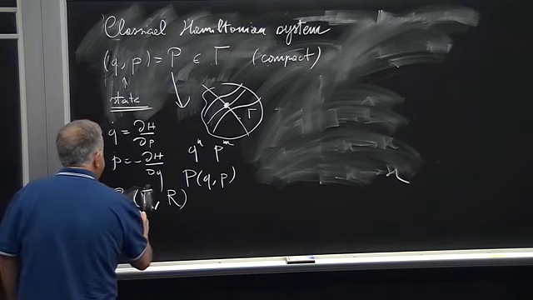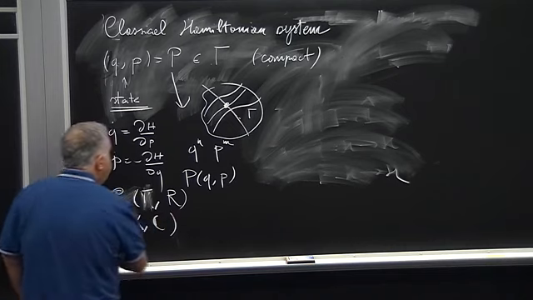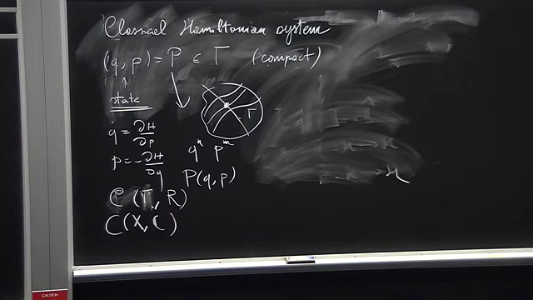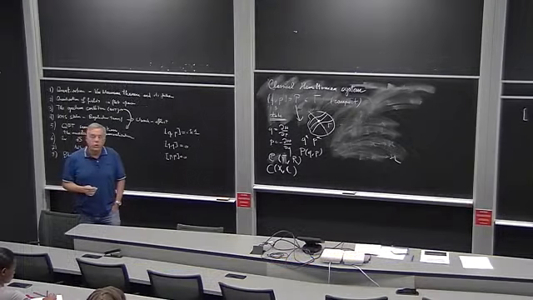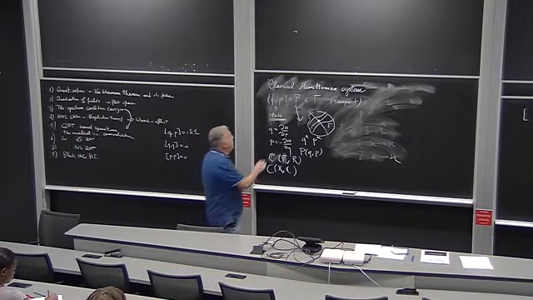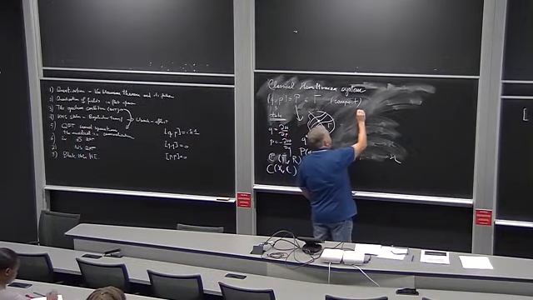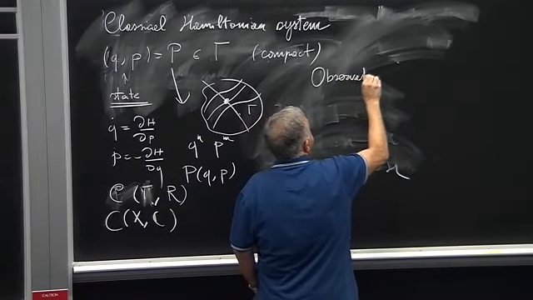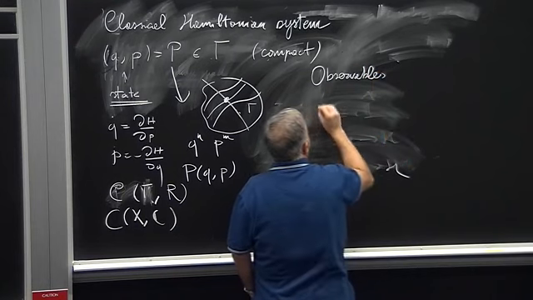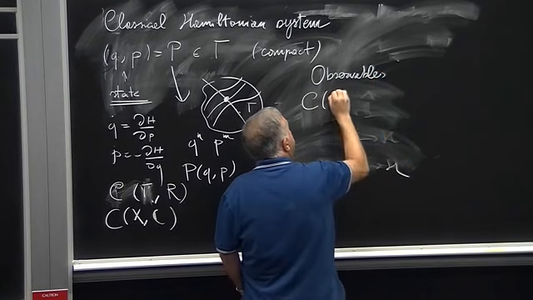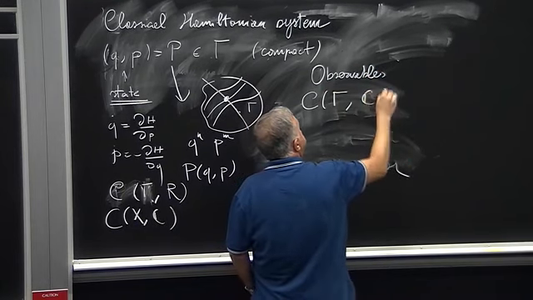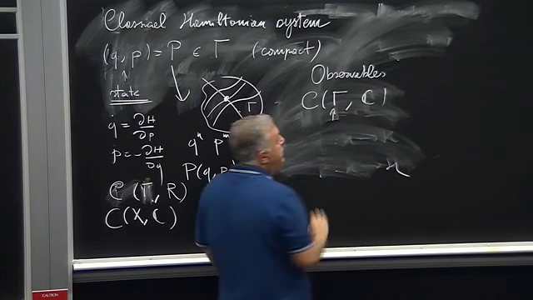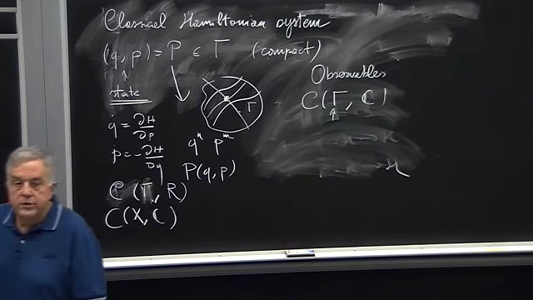But there is an enormous technical advantage in considering complex continuous functions on the phase space. So the observables of your theory are modeled as the continuous functions on the phase space with complex values.